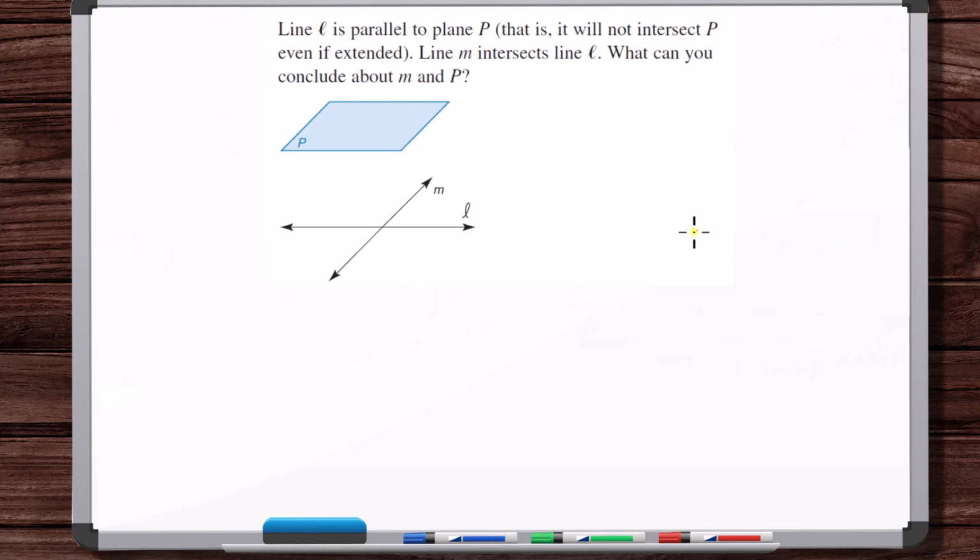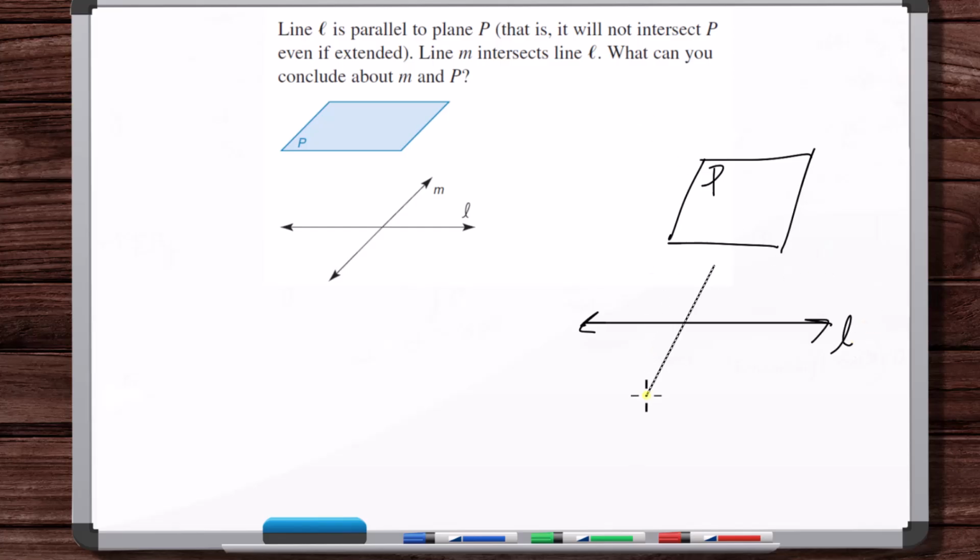Because we could have a case where we've got a plane P, and there's line L. Well, what if line M is like this? Well, extend it. There you go. But line L is still parallel to plane P. That makes complete sense.